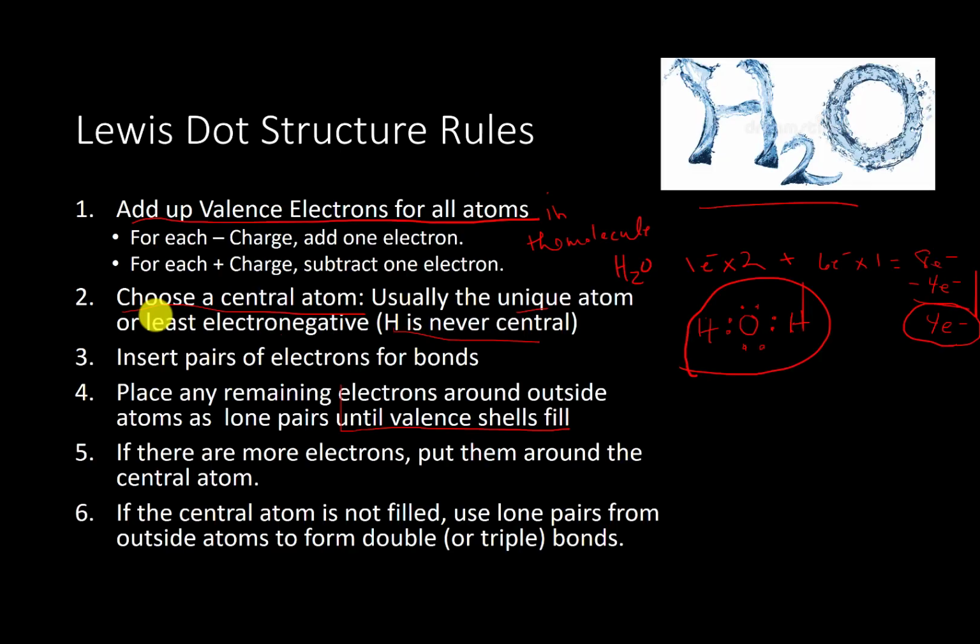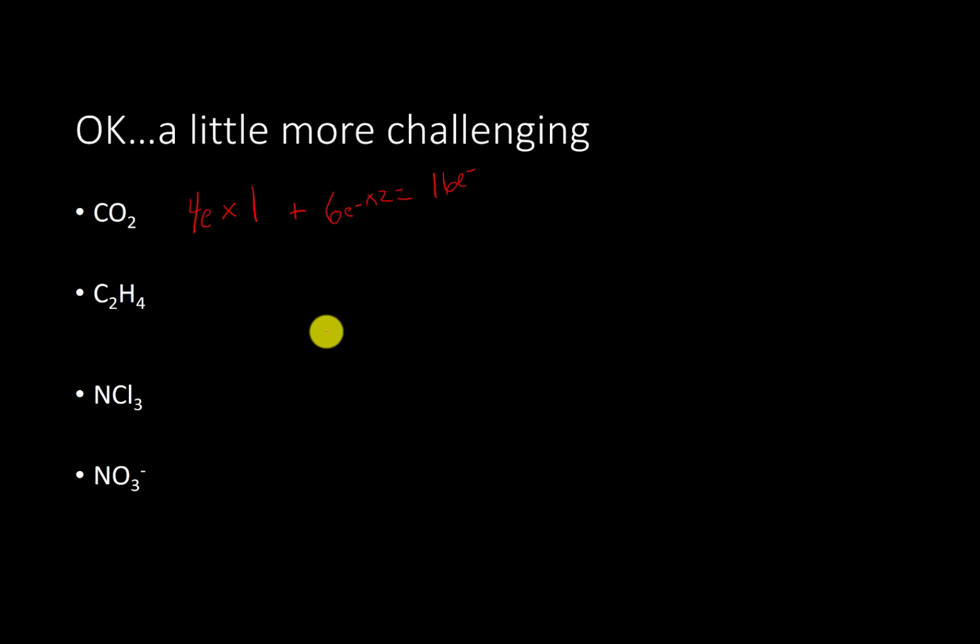So the next step is to figure out our central atom. We said it's usually the unique atom, and it's also normally the least electronegative. Both of these rules hold true in this case. We have one unique atom, that's carbon.